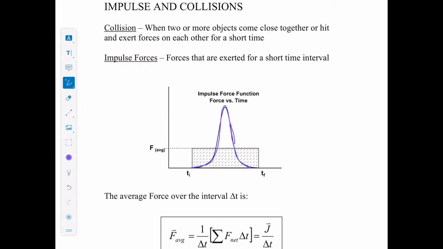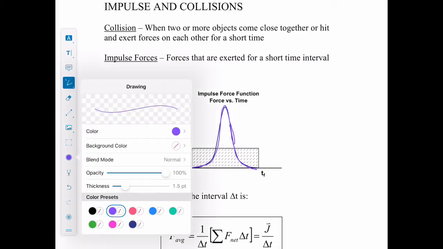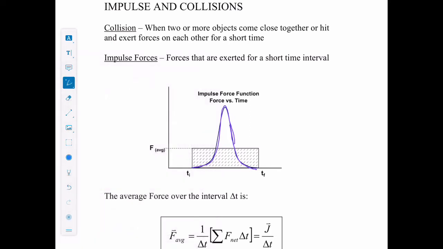This is what the graph would look like in real life. But that's uglier, that's harder to calculate, that gets a little crazy. So what we're going to talk about in this class is just the average force. So what is the force that is the average of that whole spike? So essentially, the area of this blue is going to equal the area of the purple.